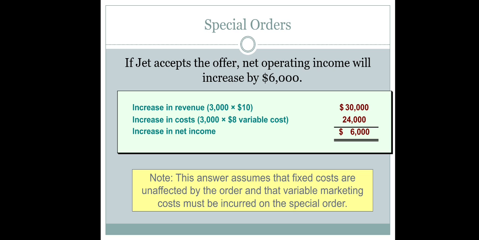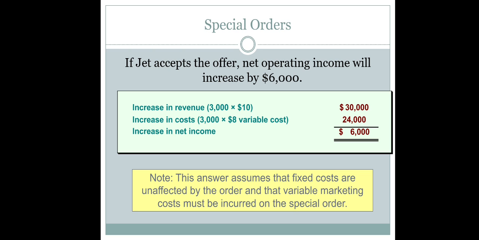So let's see how to do the analysis. This is the way to do the analysis: you compare the increment in revenue with the increment in cost. So see here, if the business accepts the special order, how much is the increment in revenue? The increment in revenue is 3,000 units of special order times $10 per unit price of the special order.